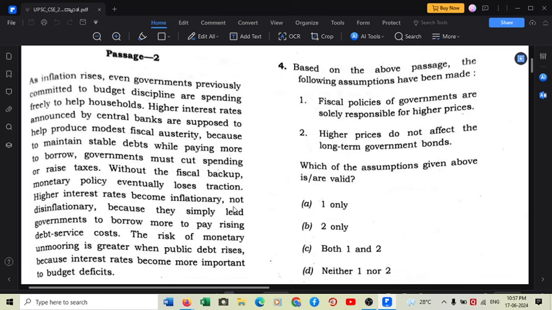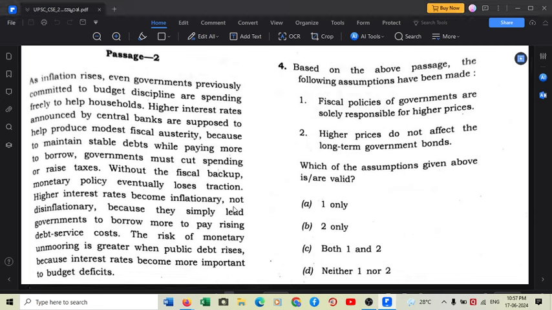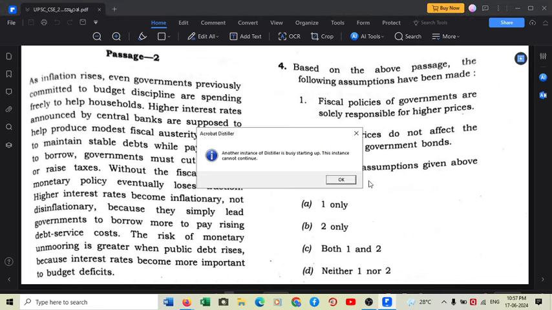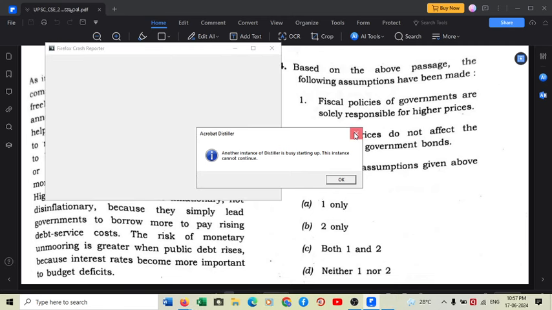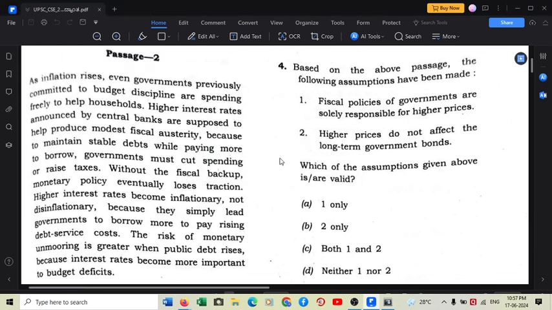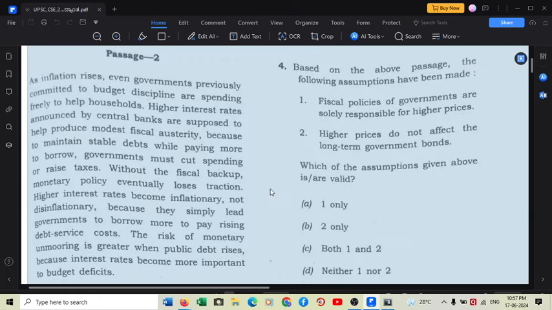Money as a commodity will lose value, and the products and services become costly, right? Sorry about that. And continuing, the last sentence: the risk of monetary unmooring is greater when public debt rises, because interest rates become more important to budget deficits. Okay, definitely it is correct.